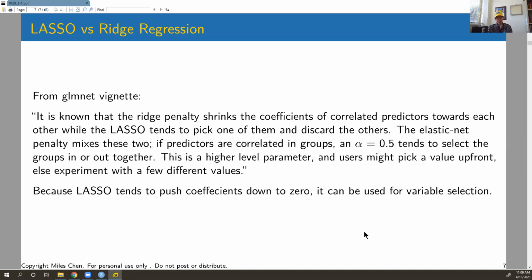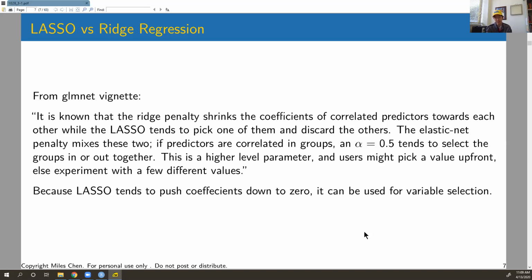Whereas with ridge regression, the coefficients rarely get driven all the way down to 0, but it will shrink them and will often shrink the coefficients towards each other. So it says, it is known that the ridge penalty shrinks the coefficients of correlated predictors towards each other, while the LASSO tends to pick one of them and discard the other, okay?